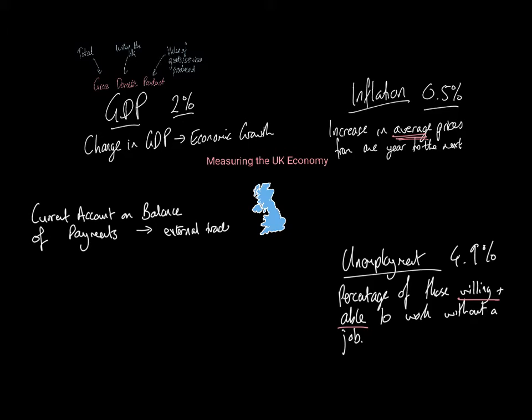So if we look at the current account on balance of payments, we might run a surplus or a deficit. If we're running a surplus, that means we are generally exporting more than we're importing, and if we're running a deficit, then we're importing more than we export. Now, the UK for very many years now has run a deficit on the current account of balance of payments.